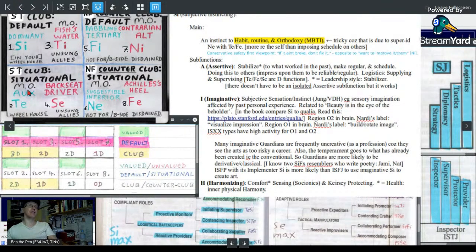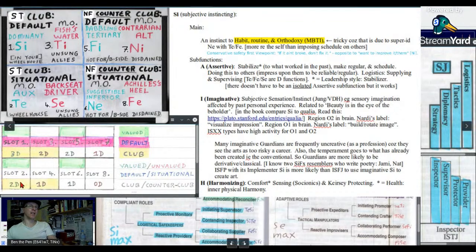And then it's default. So, for example, if we compare slot 2 and slot 3, both of them tick 2 boxes, but slot 2 is higher ranked. So what does that mean? That means that valued gets put ahead of default.